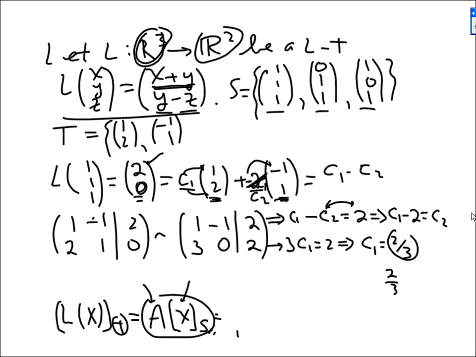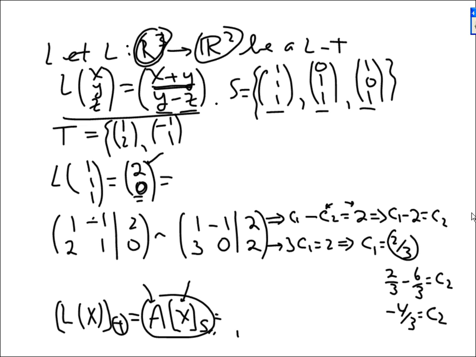So I get 2/3 minus 2 is C2. But I'll write 2 as 6/3. So negative 4/3 is C2. Okay, however you get it, you get it. You need to become experts in solving linear equations.